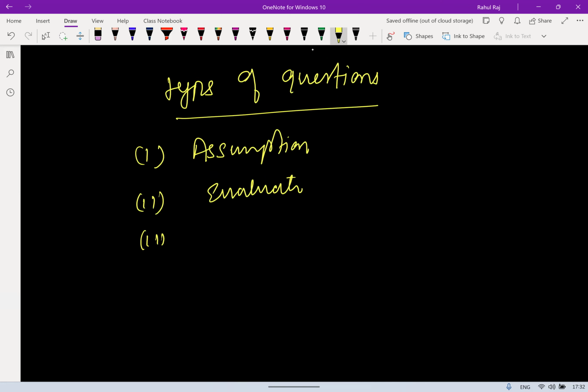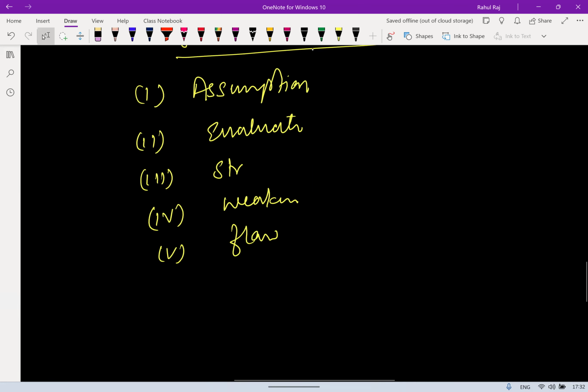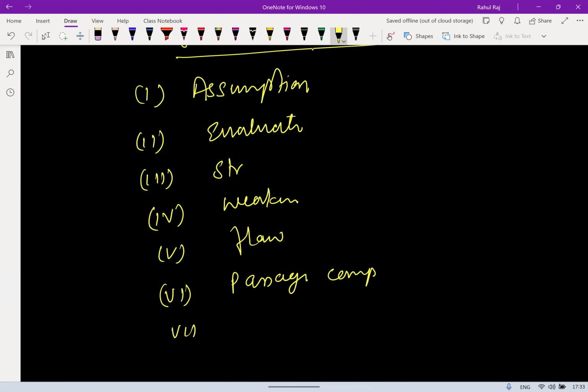Third is strengthen. Fourth is weaken. Fifth is flaw, a very entertaining topic. All the topics of CR are extremely entertaining, I can tell you. Sixth is passage completion. Seventh is paradox.